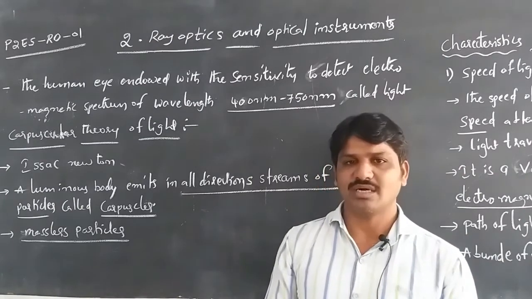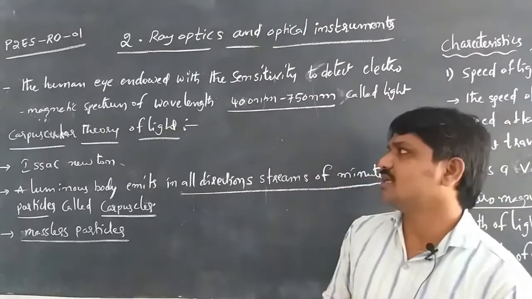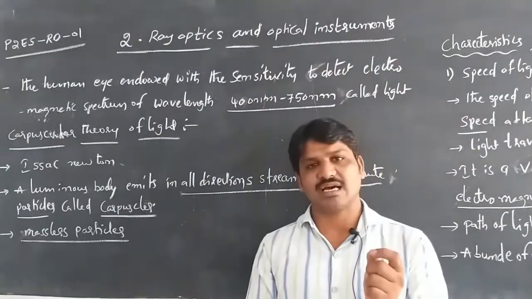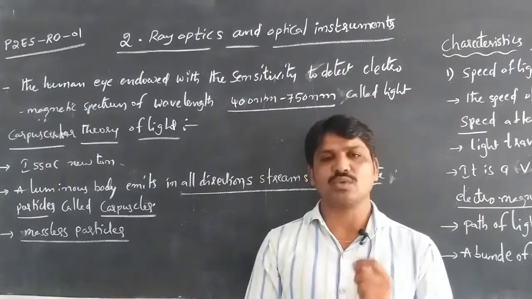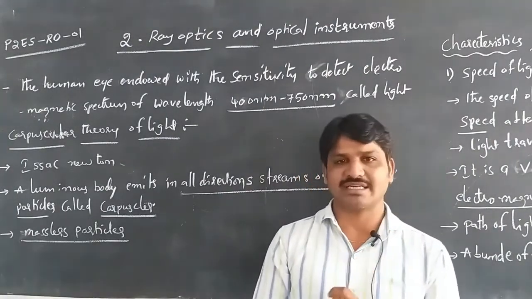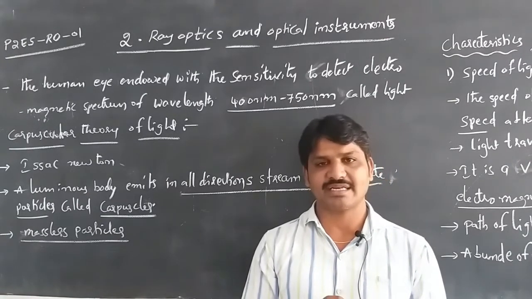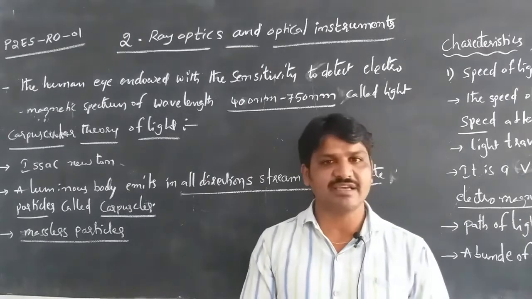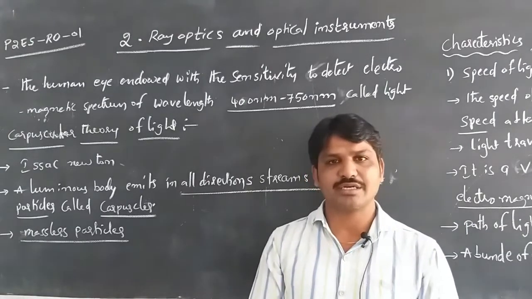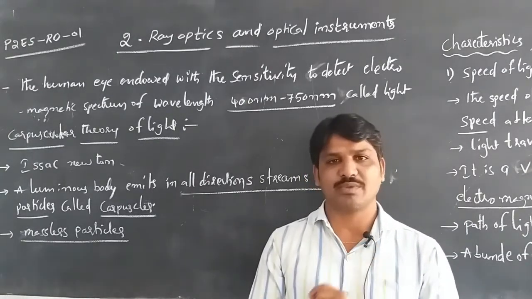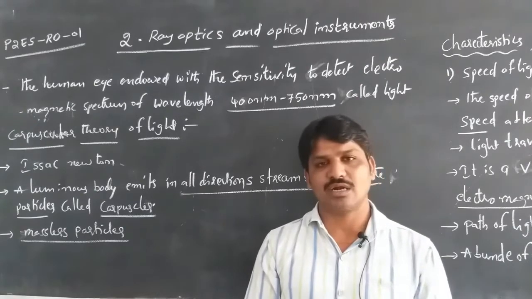Like that, what is light? Here a human is endowed with the sensitivity to detect electromagnetic waves, electromagnetic rays, which have a wavelength of 400 to 750 nanometers, and that is called light.